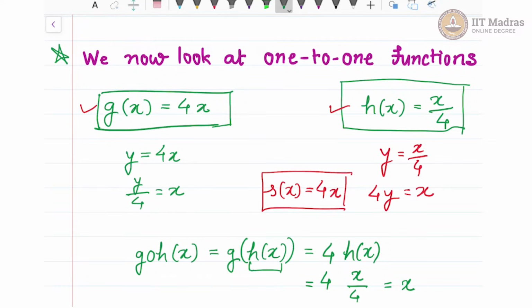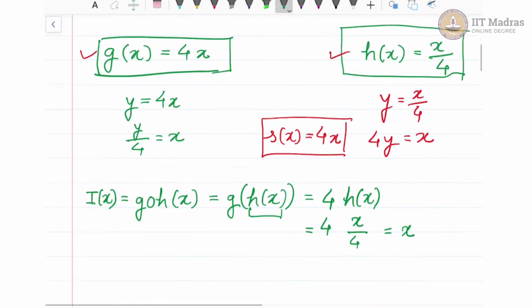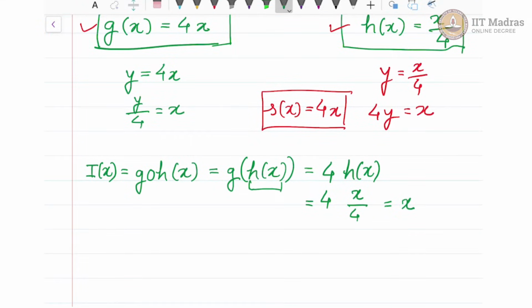So what is this function? This function actually gives me the identity function: g o h of x is equal to x. In a similar manner, I can start thinking about h o g of x. If you recollect the notion of composition of functions studied in week 1, h of g of x: I will simply see what h of x is.